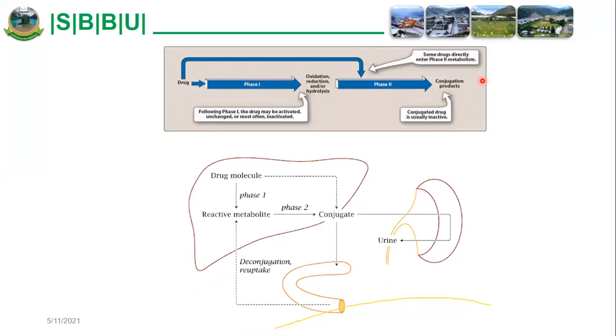From this slide, let's elaborate on this with an example. The drug molecules enter phase 1. The reactive metabolites may form, and these reactive metabolites then enter the phase 2 reaction, where the conjugations occur. These conjugates may be excreted either through the kidney in urine, or in the bile, through the GIT tract.